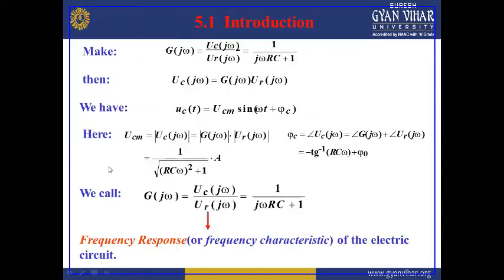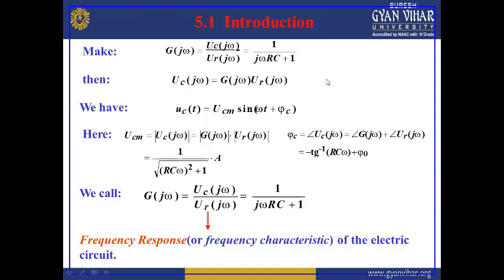Therefore, I can write that the transfer function G(j omega) is the ratio of the output upon the input, so it is 1 upon j omega RC plus 1. Now I can rewrite that the output is equal to the product of the gain and the input.